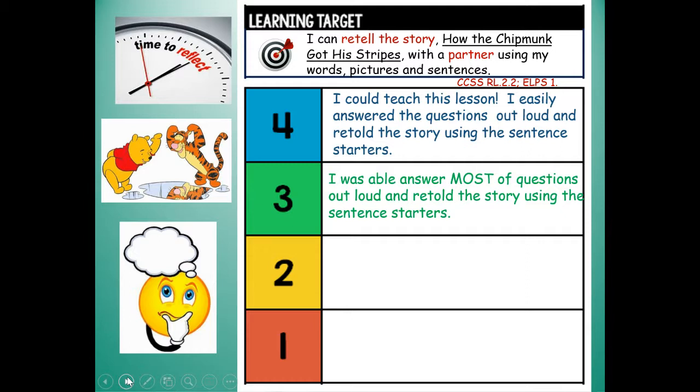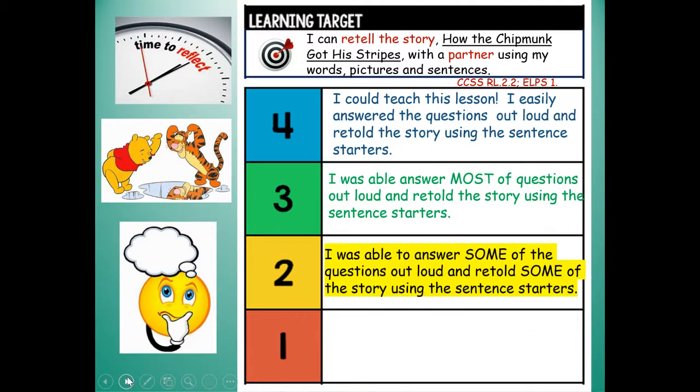Or 2, I was able to answer some of the questions out loud and retold some of the story using the sentence starters. Or 1, I was not able to answer the questions and did not retell the story. How do you think you did? 4, 3, 2, or 1?